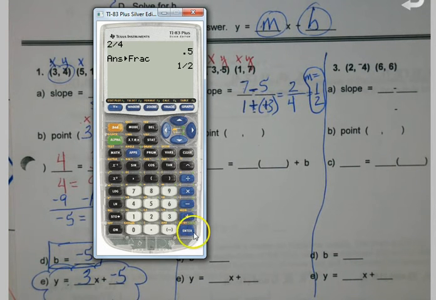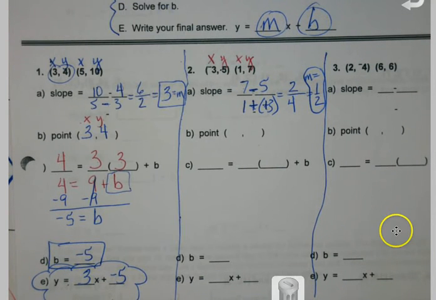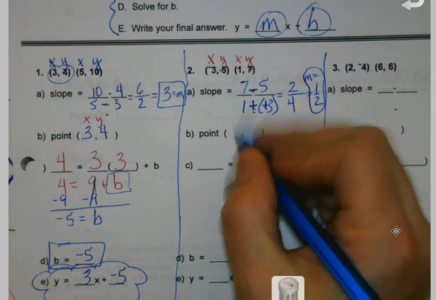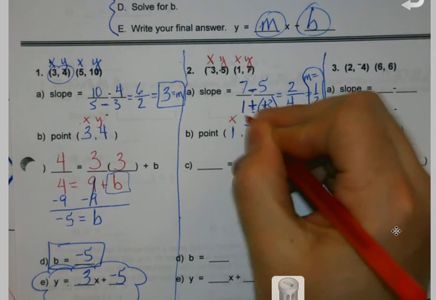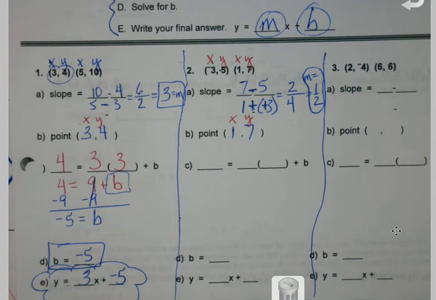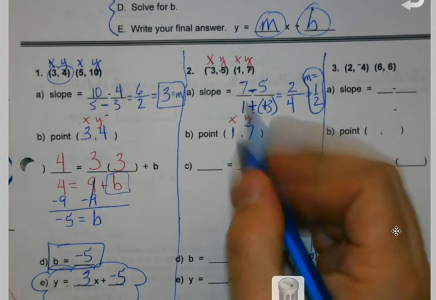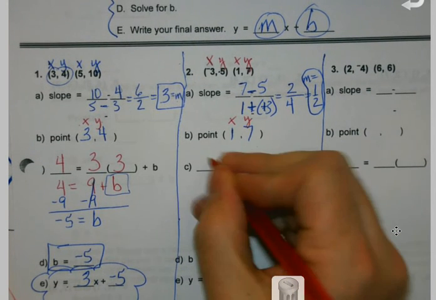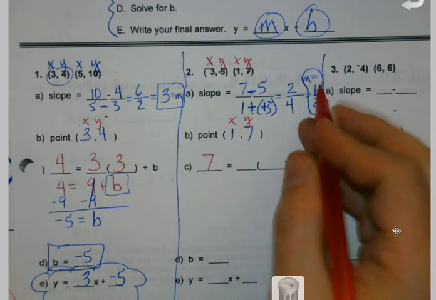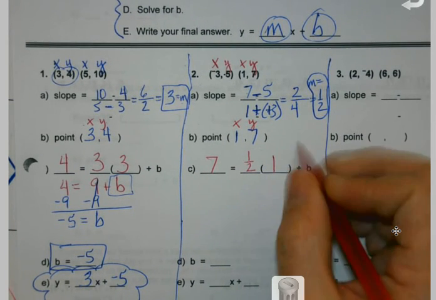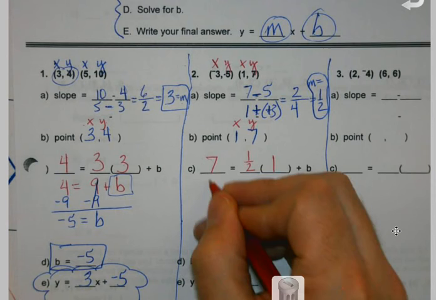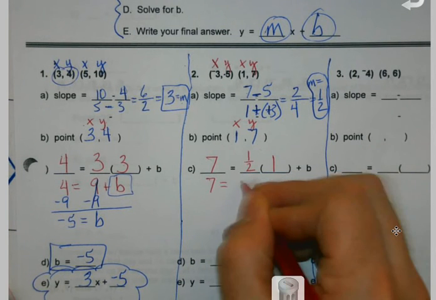I can use either point, again, when it comes to this next part. If I have a choice with using positive numbers, I like positive numbers. They're just easier to work with. So let's see. We've got y equals mx plus b. Half of 1 is a half.